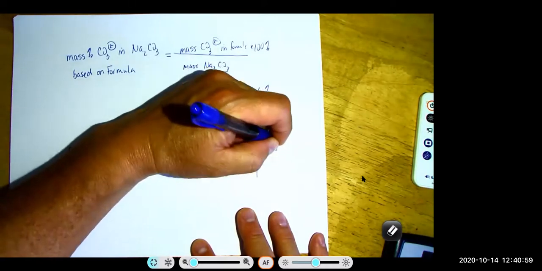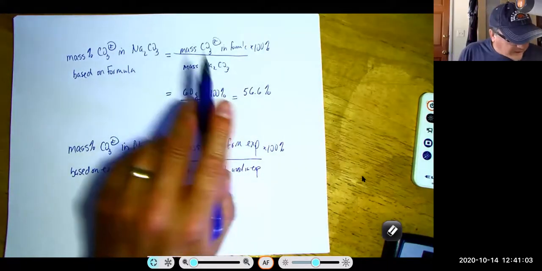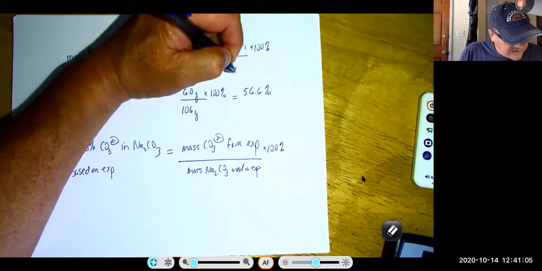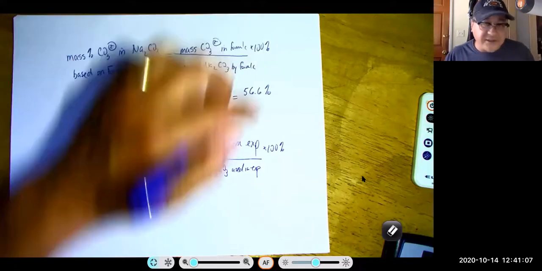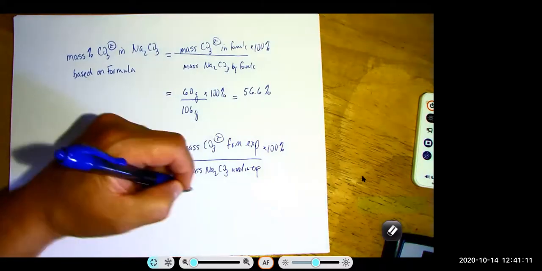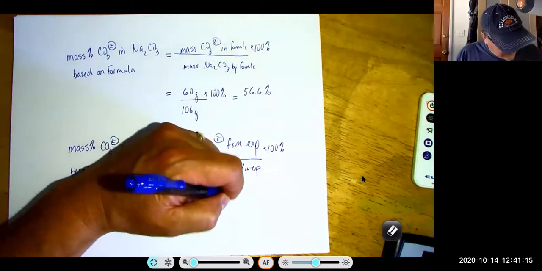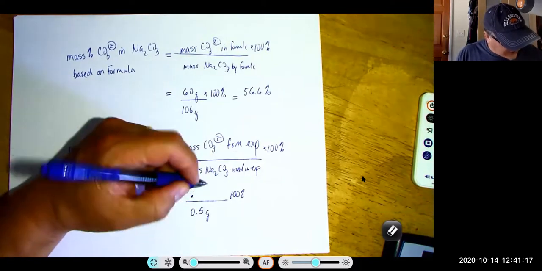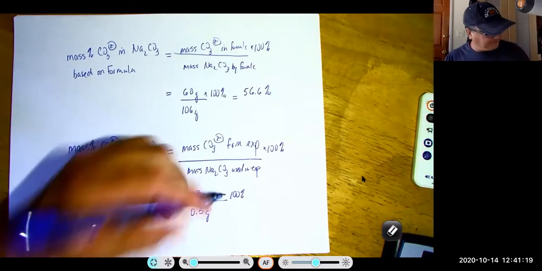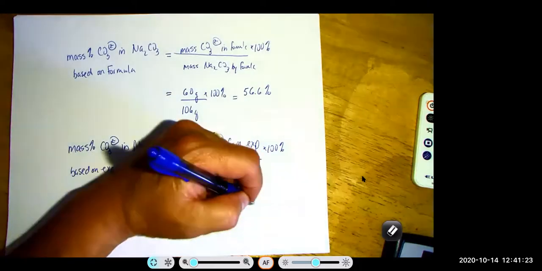Oh, okay. You don't want to use the mass based on the formula. You want to use the mass that you actually used. So this ends up being somewhere around 0.5 grams, and this probably ends up being around 0.3 grams. And this would end up being 60%.